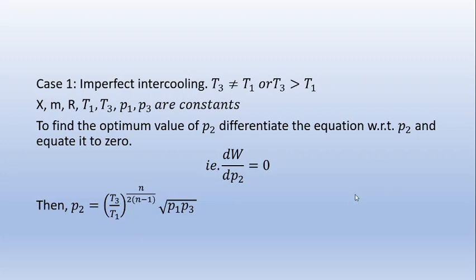And if you look at the previous expression, x is the ratio n minus 1 by n, m is mass, R is the gas constant, T1 is the inlet temperature, T3 is the temperature from the intercooler, P1 is the intake pressure, and P3 is the delivery pressure.